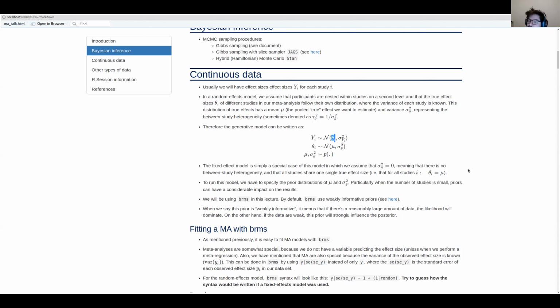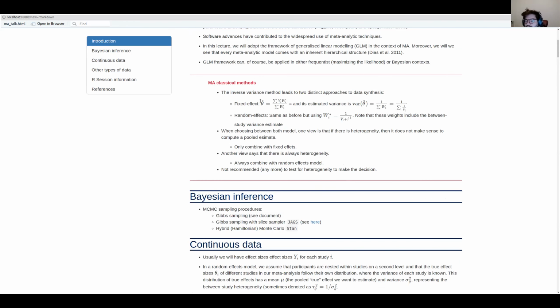It's not a common mean for all the observed effect sizes; each study has its own mean and its own standard error. Here, sigma squared y_i is the standard error or variance of the effect size. This is not a parameter; it is given, exactly as in the approach where you construct confidence intervals for our best estimates.